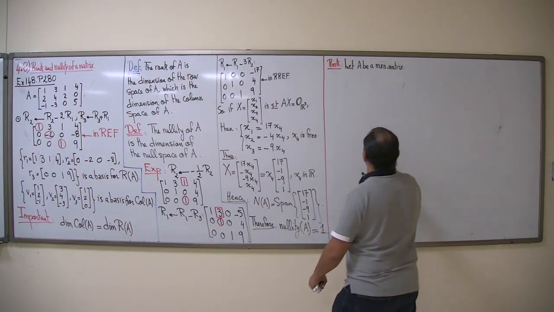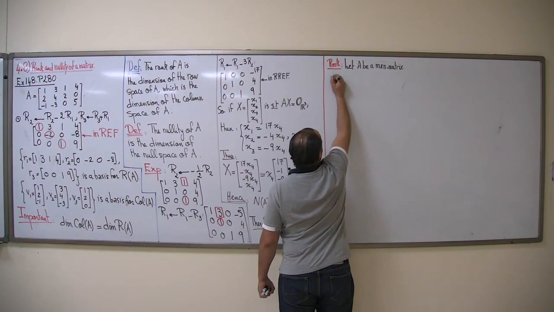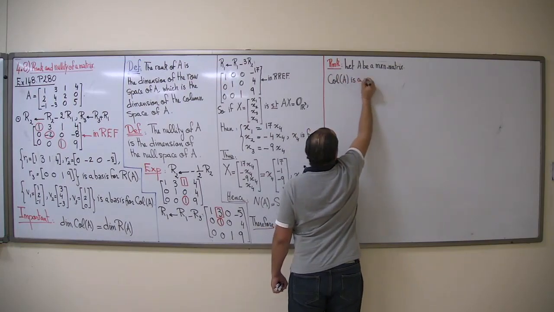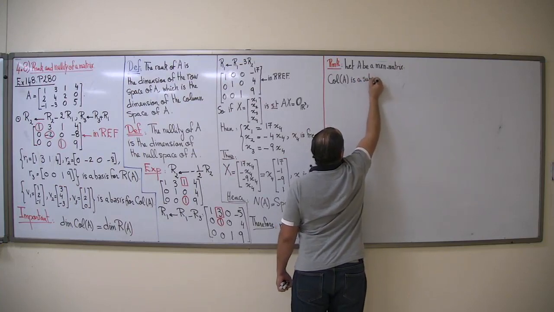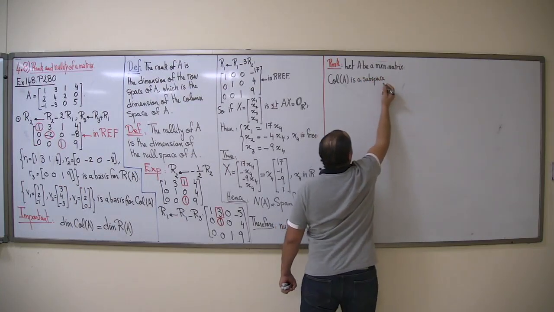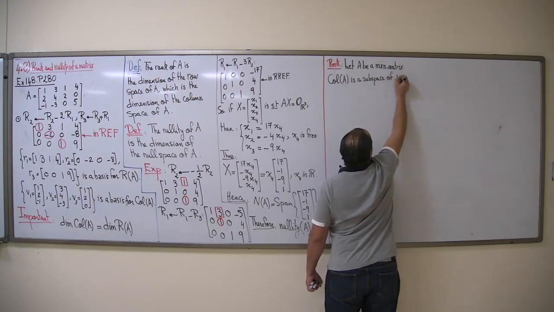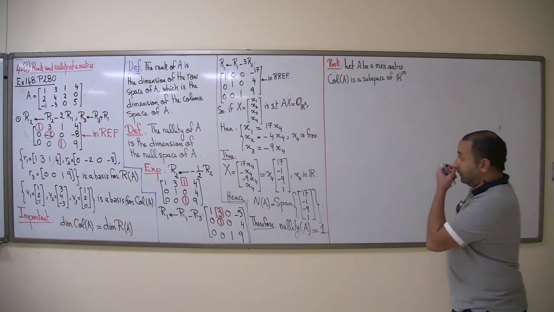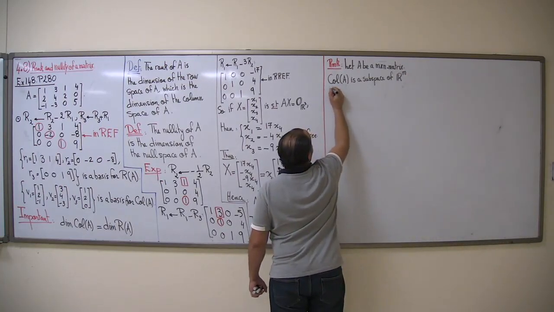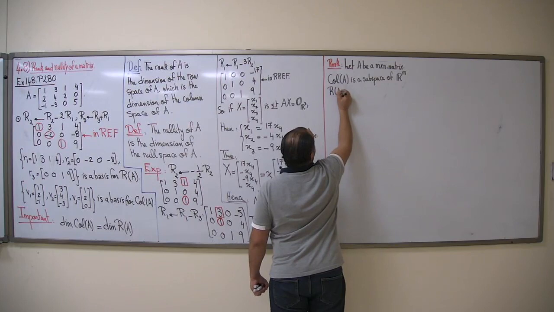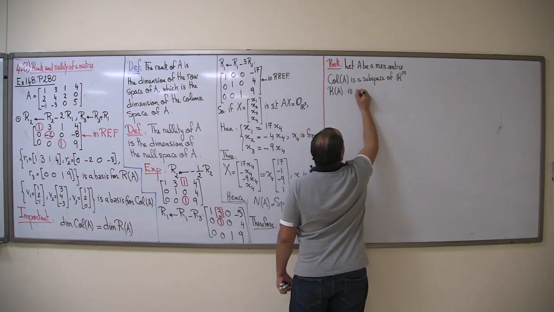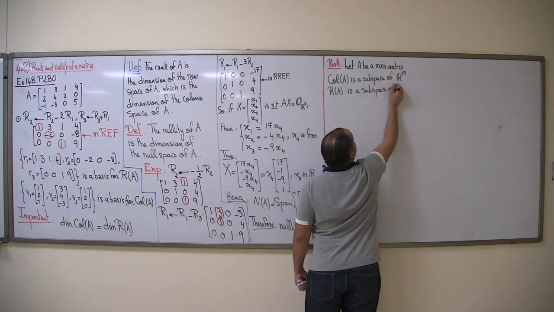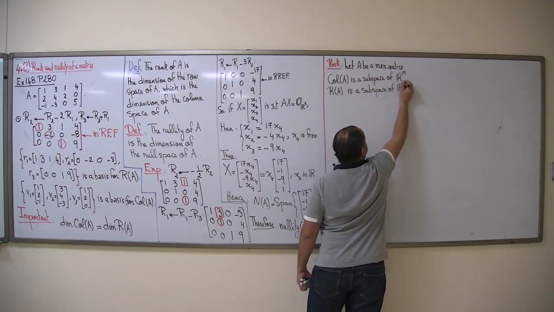We said that the column space of A is a subspace of Rm, and that the row space of A is a subspace of Rn.